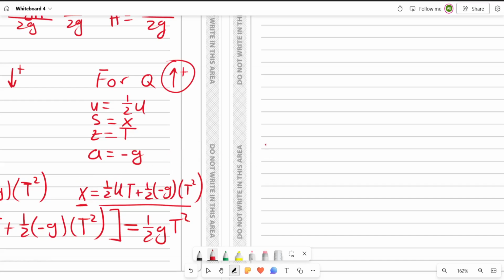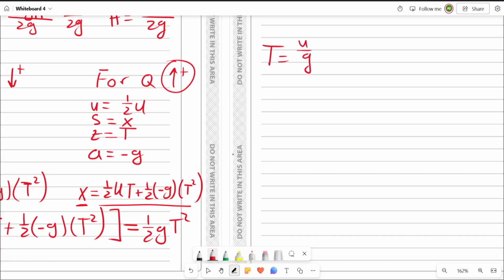So let's do that. Let's do it over here. So we know that t equals u over g. Let's substitute that here. So x is going to equal half times u times t, which is u over g.